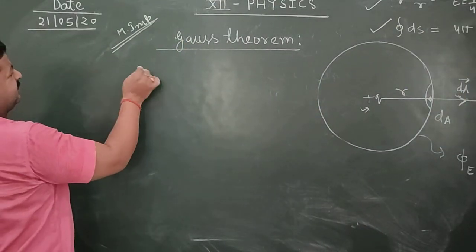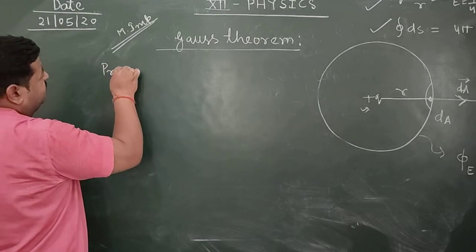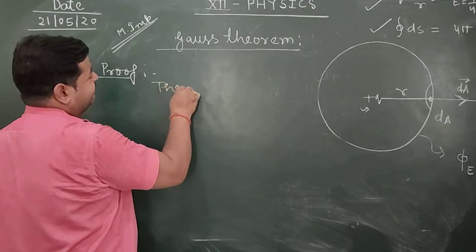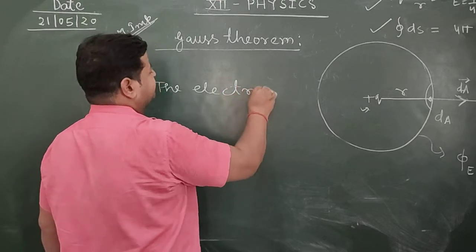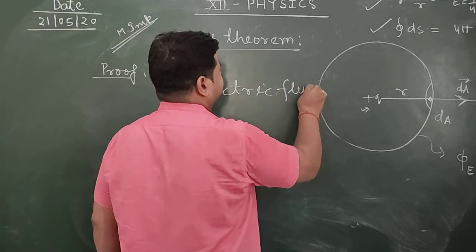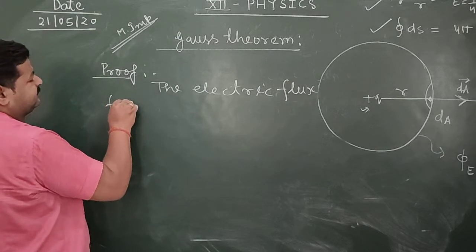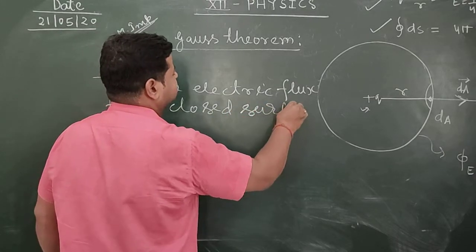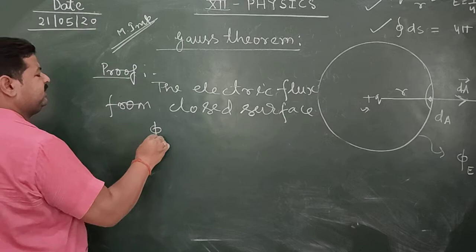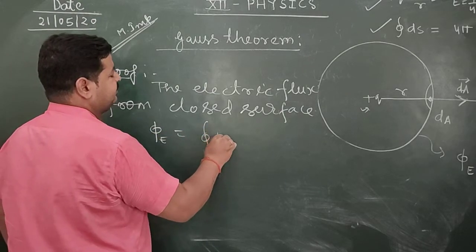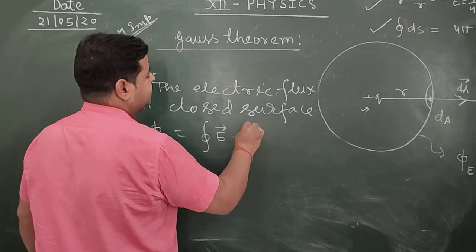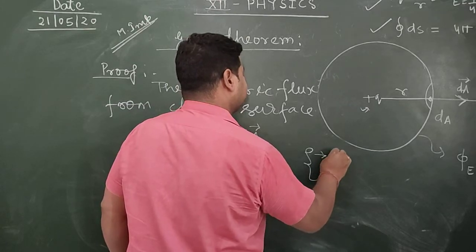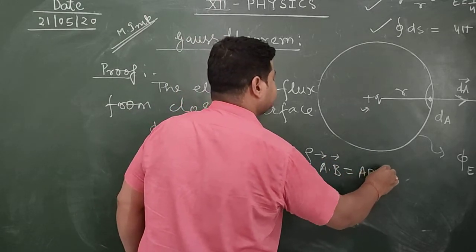So here we derive Gauss theorem, prove Gauss theorem. The electric flux from a closed surface, that is phi E is equal to closed integral of vector E dot d vector A. In class 11th we studied vector A dot vector B is equal to AB cos theta.